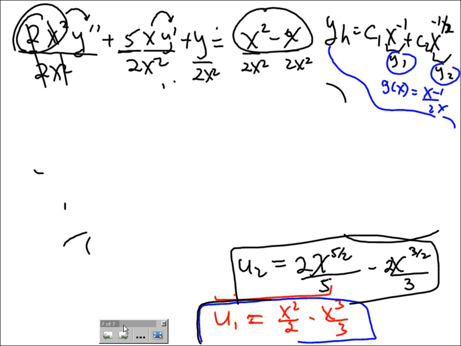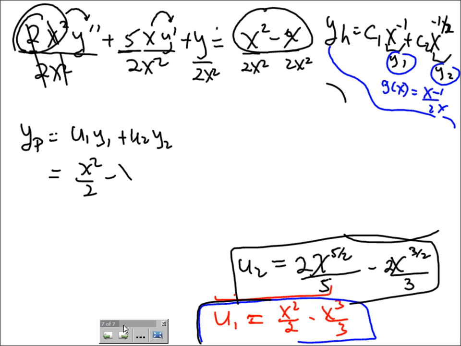So just the first small part of this problem was new in this section. But what we've been doing now is the previous section. So it turns out that y particular is u1 y1 plus u2 y2. Well, u1 is x squared over 2 minus x cubed over 3 times y1.